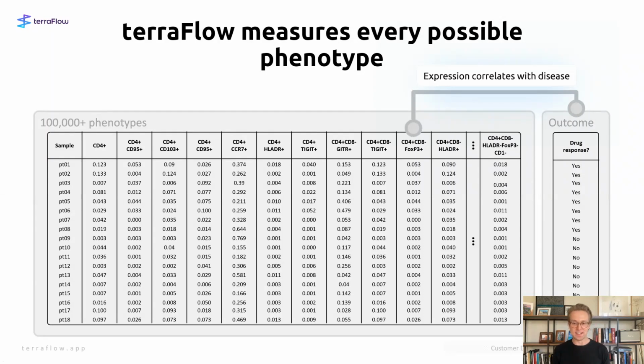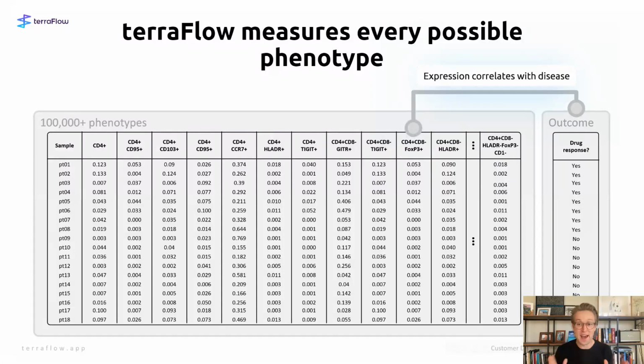And so what that does is it creates this table where each row is a patient and each column is the percent of cells expressing that phenotype or that combination. And of course, for each patient, we also have a clinical variable like whether or not they responded to treatment. And so now we can start looking for columns whose frequency correlates with clinical outcome.